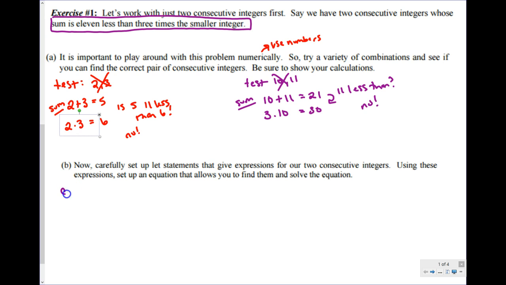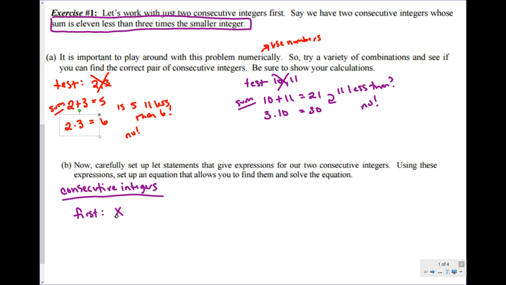Consecutive integers have an interesting way we set them up, and you have to memorize this. So, consecutive integers. The first integer will always be x. Always, always, always. Your first integer is x. How many more than x would the next number be? So let's pretend that x is 2. What would my second integer be? 3.